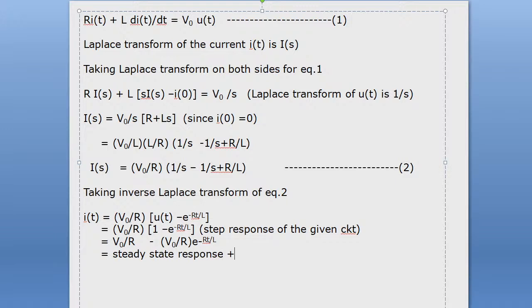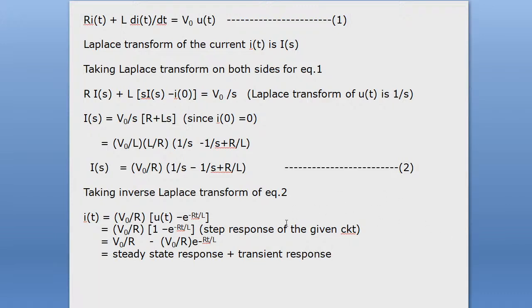Everyone calculate the impulse response for the same circuit. You consider the delta function as the input of the given circuit, plus the transient response. Now you calculate the impulse response for the given circuit.